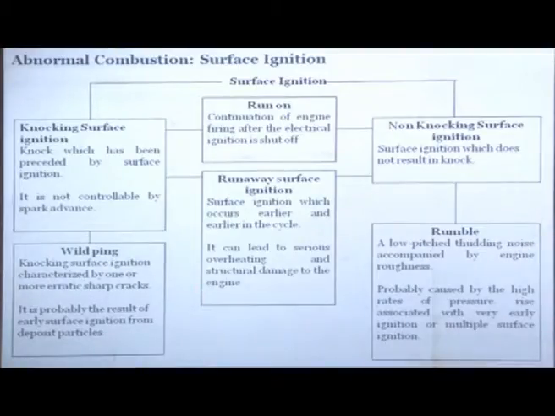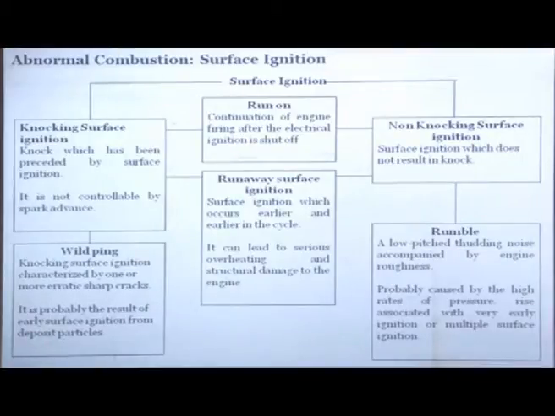Okay. There are two other types. One is called wild ping. This is basically knocking surface ignition, characterized by one or more erratic sharp cracks. If there are any sharp cracks somewhere in the structure, it will give you a very different kind of pinging noise. It is probably the result of early surface ignition from deposit particles.